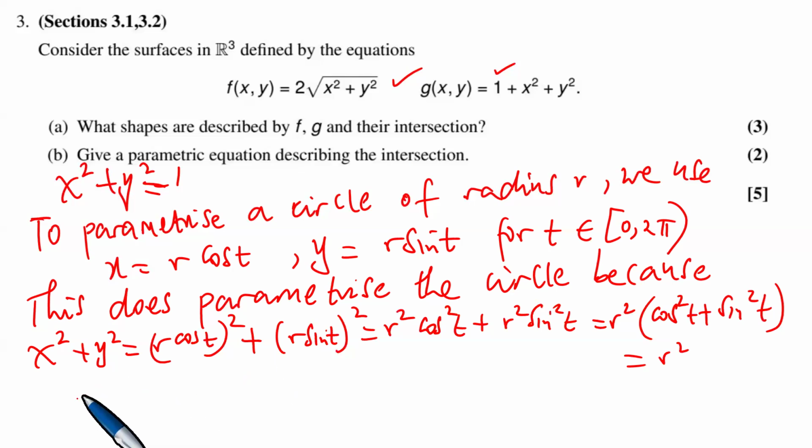The implication is therefore that x squared plus y squared is equal to r squared, and this describes a circle.